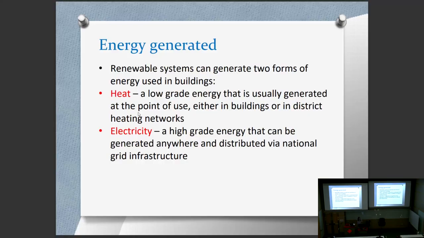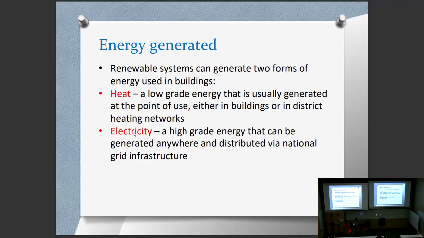And this kind of heat energy is low grade. Low grade means it's very difficult to move it around. So when you move the heat to elsewhere, there would be energy loss, right? And therefore, it is better to generate the heat locally, inside the building, and then utilize inside the building. And the demand of heat will depend on the season, right? In the winter, we need more heat, and then in the summer, maybe we don't need that much.